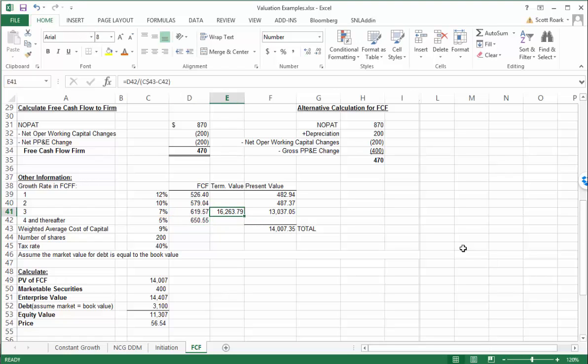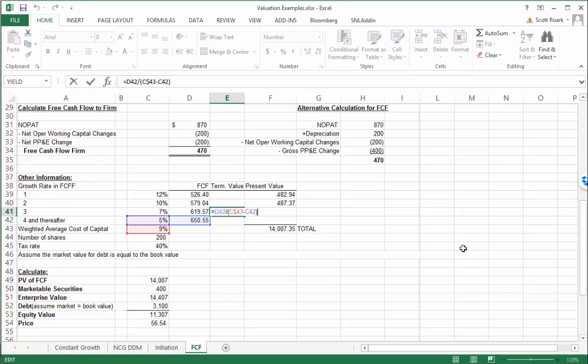Notice I'm getting here a calculation for the terminal value of the firm. This is analogous to finding the stock price at the end of the supernormal or the non-normal growth stage. So in this case, I'm just going to divide the year 4 free cash flow by WACC minus the growth rate. So if you look here, I've got the year 4 free cash flow of $650.